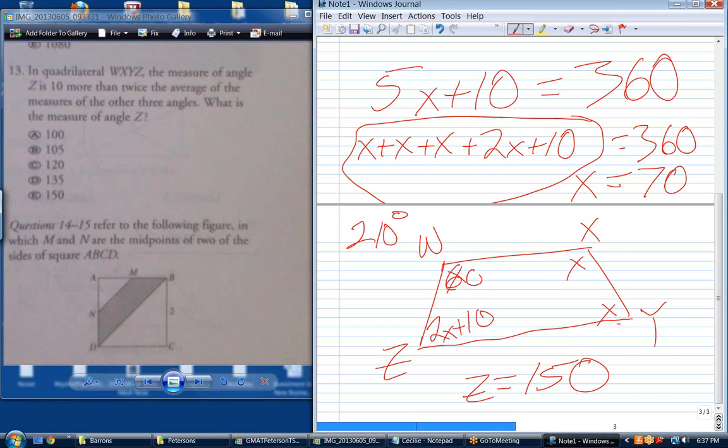This could be 60, 70, 80. The fact is that they compared angle Z with their average, so their average has to be 70. It doesn't matter if they're all 70 or it's 60, 70, 80. I can base my analysis on the fact that they're equal.